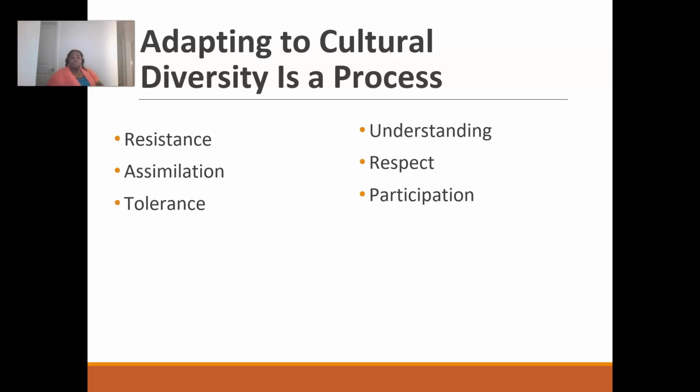So, adapting to cultural diversity is a process. If you ever have the opportunity to travel across the country, do a study abroad program, or just be a tourist in a space, you want to be respectful of that space.